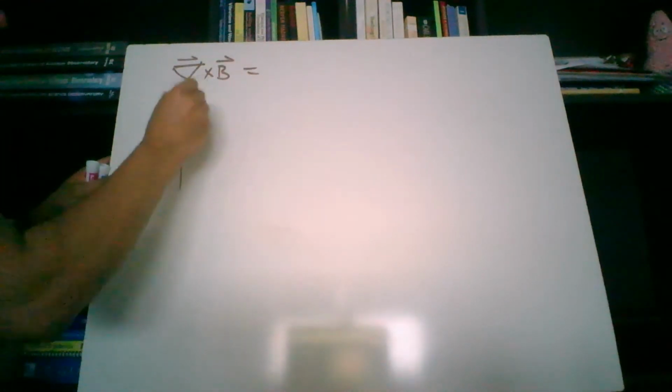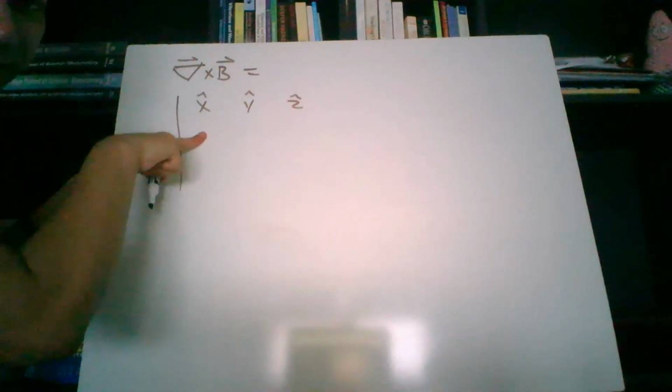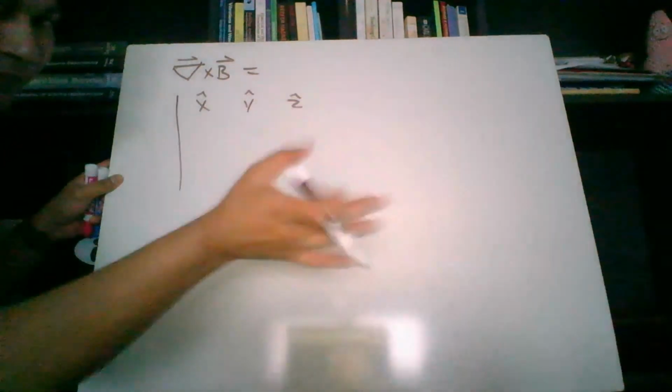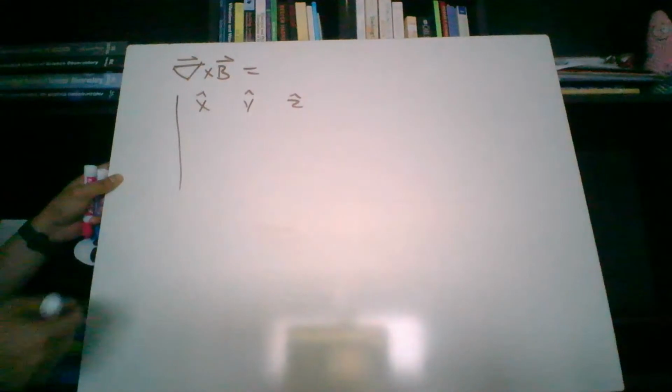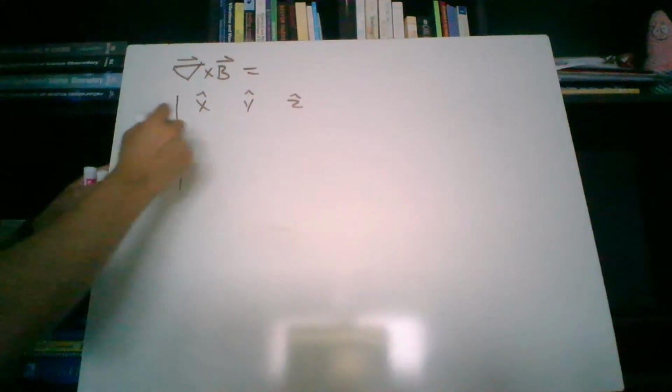So how do we write this? Well, we would have the x hat, the y hat, and the z hat. Sometimes I like writing x hat, y hat, z hat, and sometimes it's i, j, k. It's all the same thing as long as you know that these are some directions associated with them. Now this del operator is a differential in multiple variables.